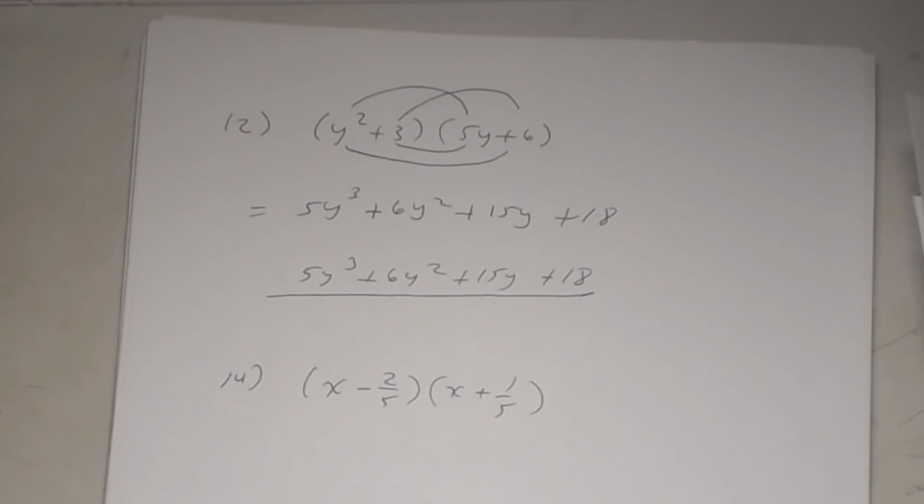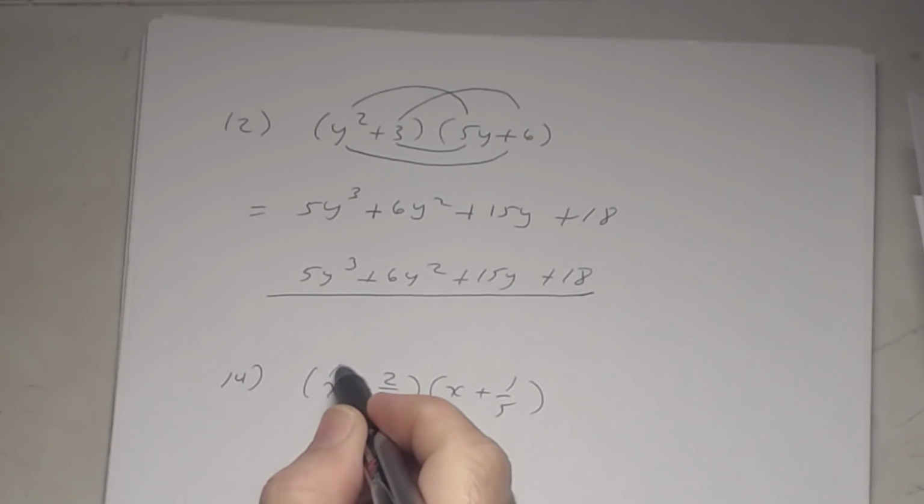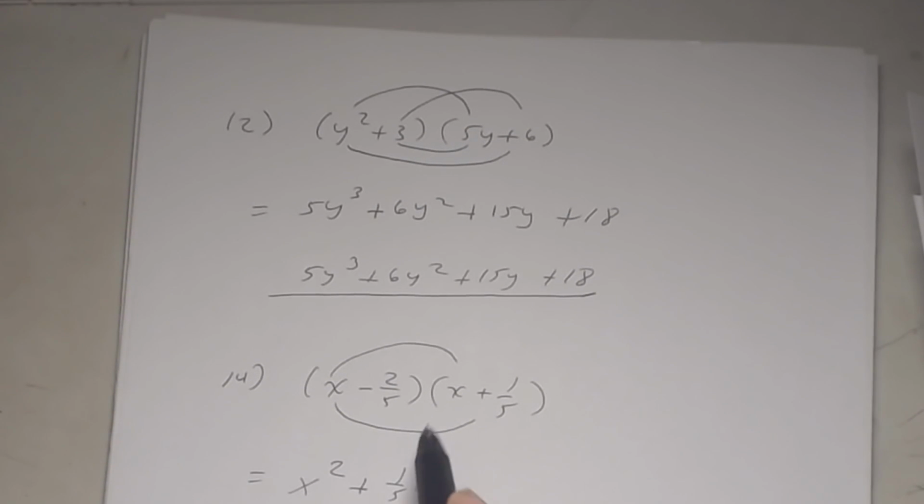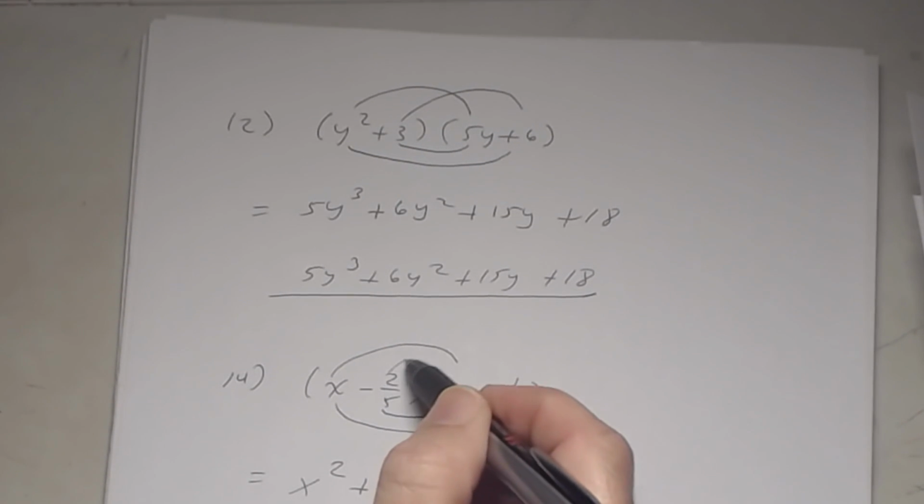Use the FOIL method. So x times what? Is x squared. The outside, x times what? 1/5, which is 1/5 x, right? Okay. The inside, negative 2/5 times what? Which is a negative 2/5 x.